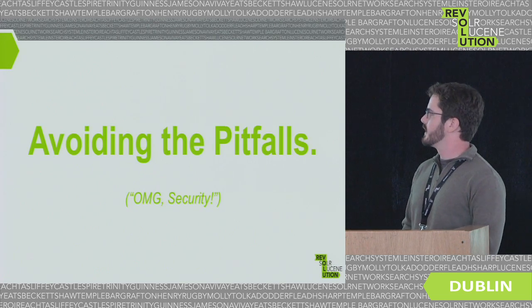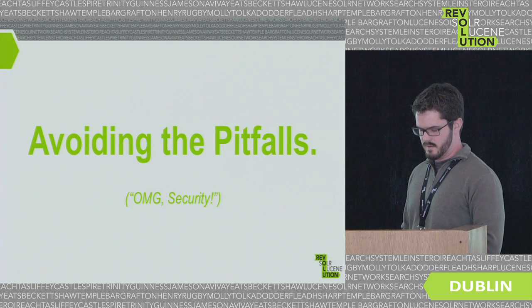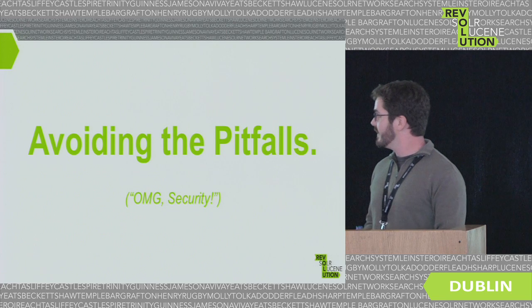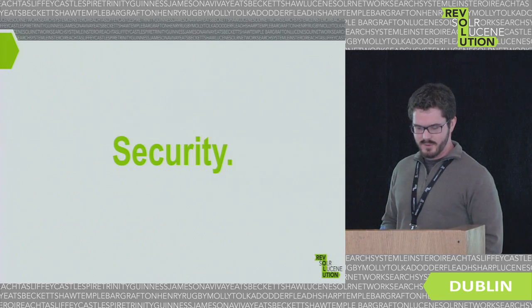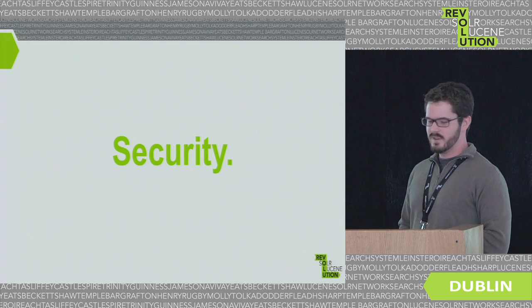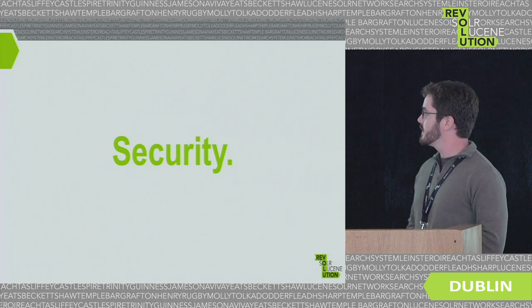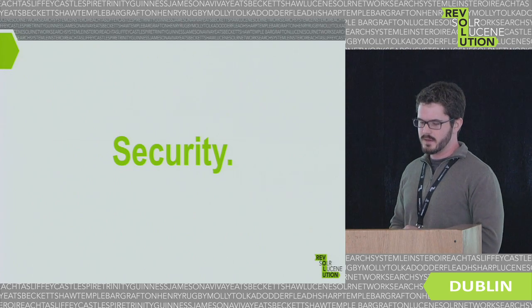So what are some common pitfalls with building client-side applications? I know some of you had questions about security from the beginning of the talk. So what can we do to make things more secure? The first thing would be to make sure that you lock down your Solr configuration.